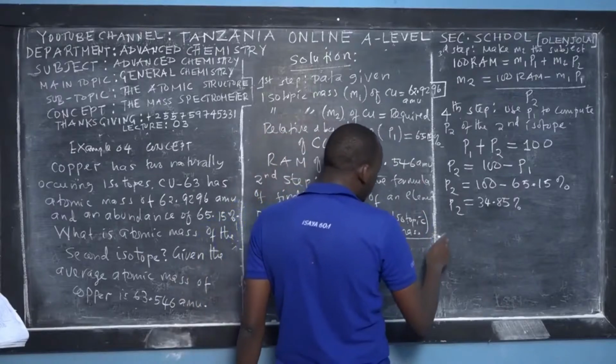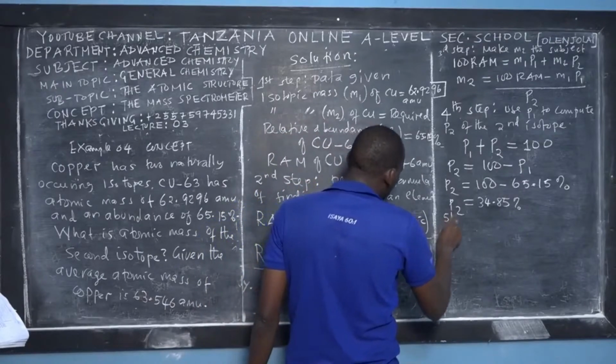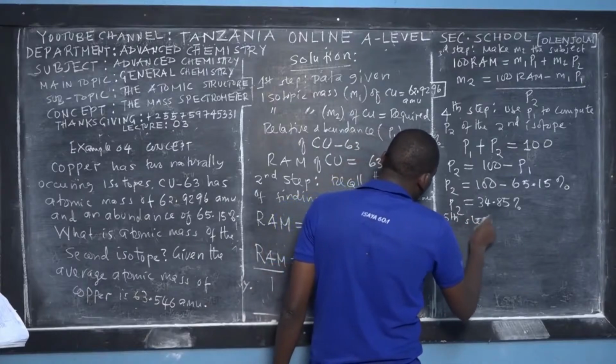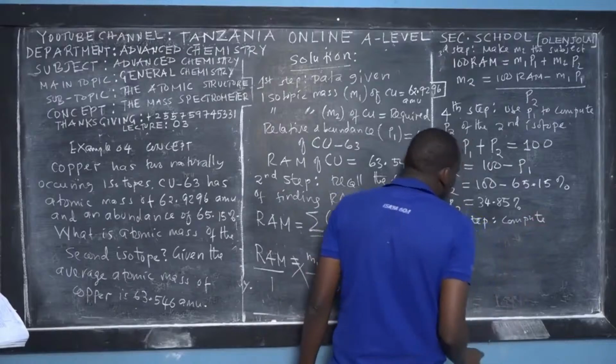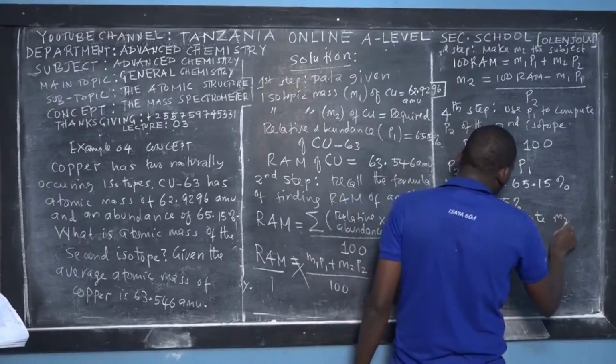So now we can compute it. This is the fifth step: we can compute the isotopic mass of the second isotope.